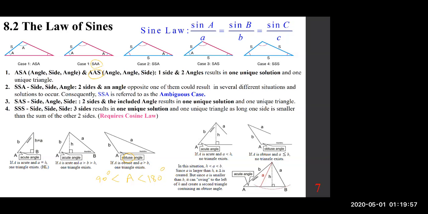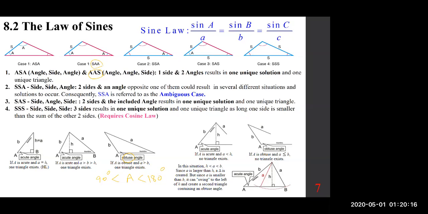Now, if you have a case like that, and opposite capital A is lowercase a, that really must be the largest side. So if it's larger than B, it works, okay?